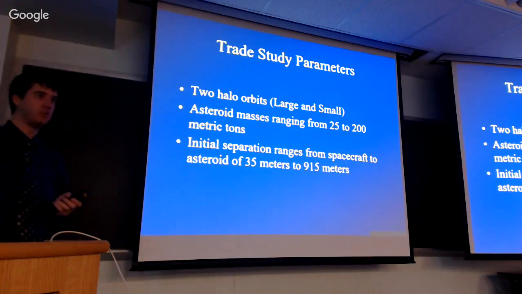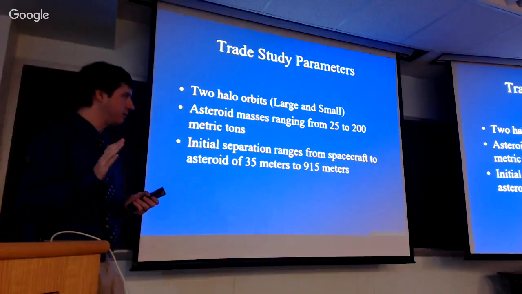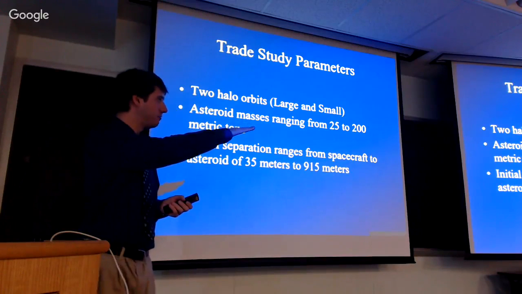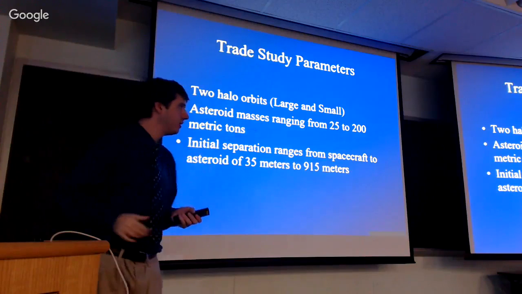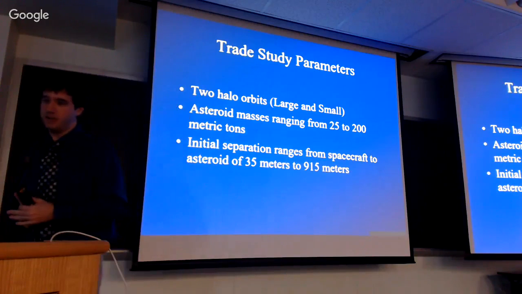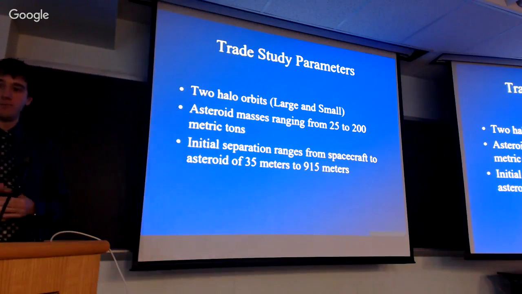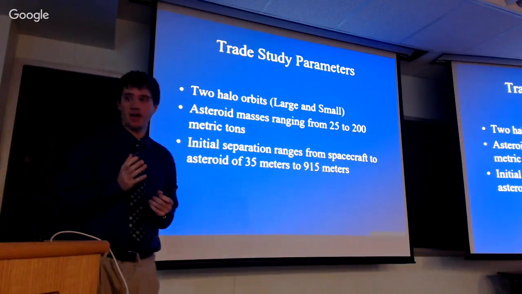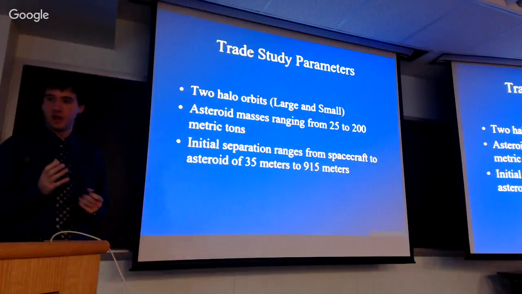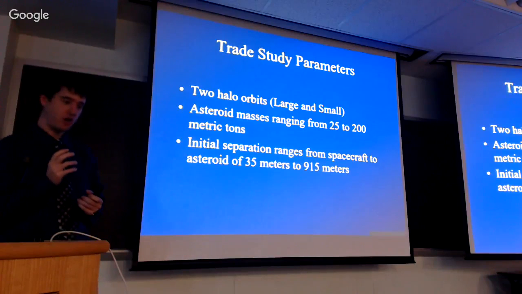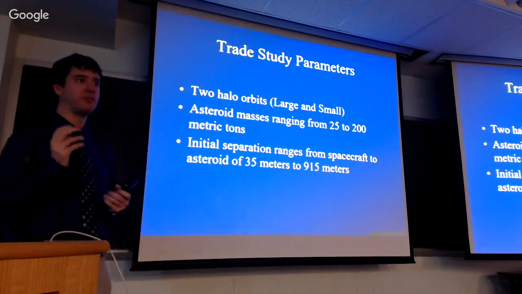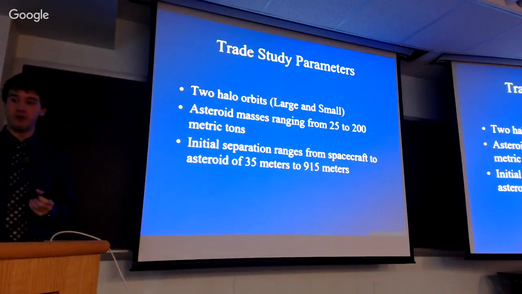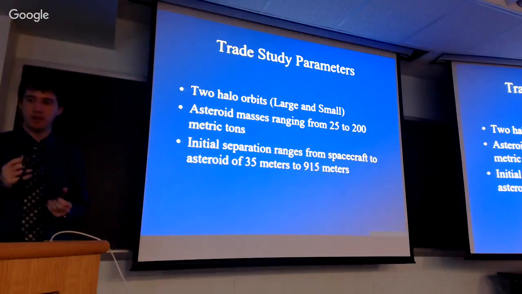All the figures that I'll be showing will be over these ranges of masses. For proximity operations between the spacecraft and asteroid, I'm looking at a relatively close operational range of about 35 meters to something very far away, close to 900 meters.